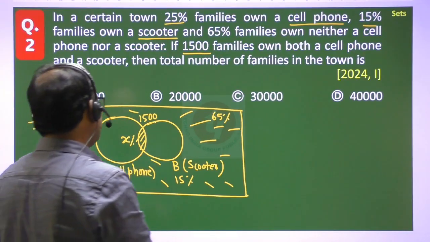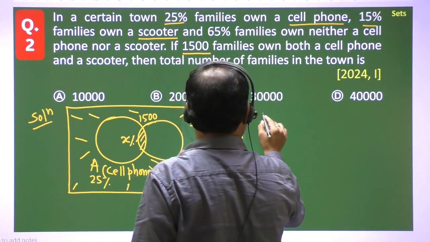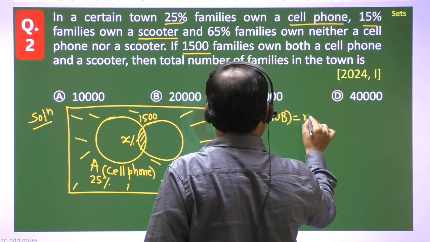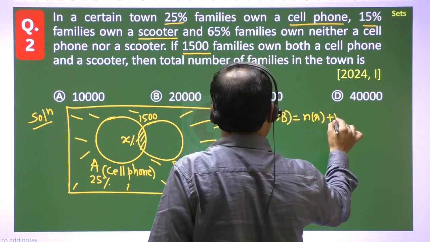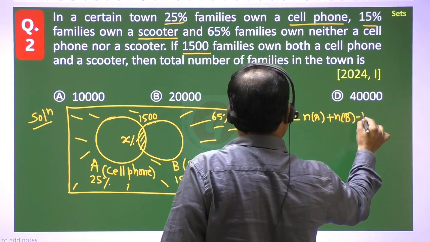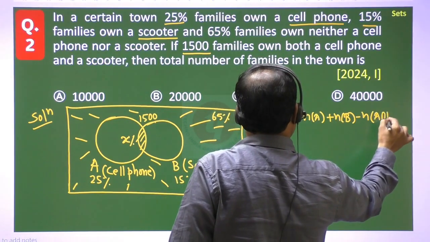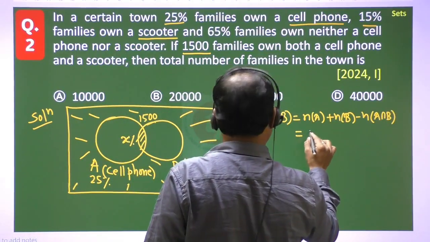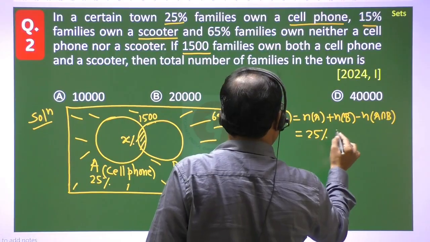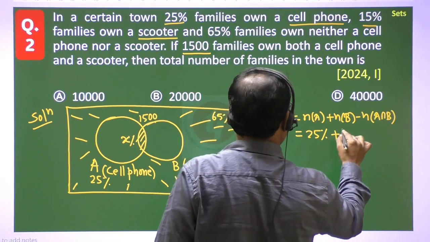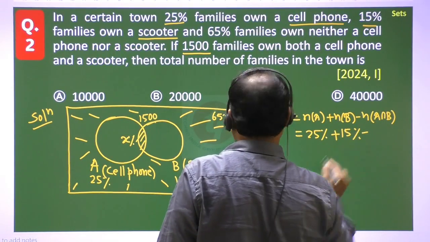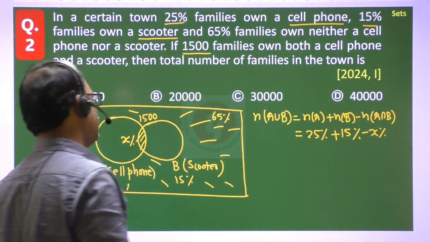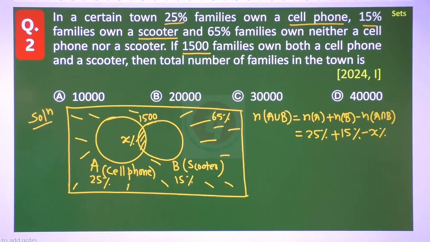Now if you calculate the union, n of A union B, you can find it this way: n of A plus n of B minus n of A intersection B. So n of A is 25%, n of B is 15%, and n of A intersection B I take as X percent. Okay now, clear?